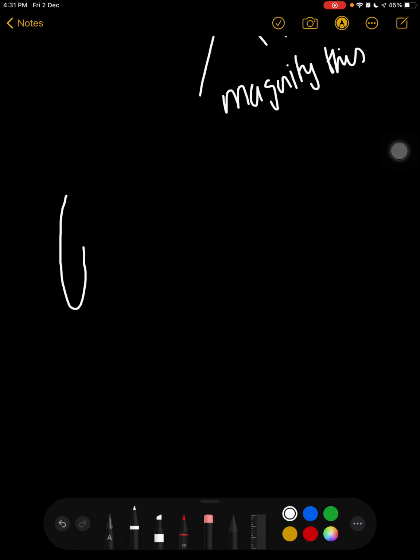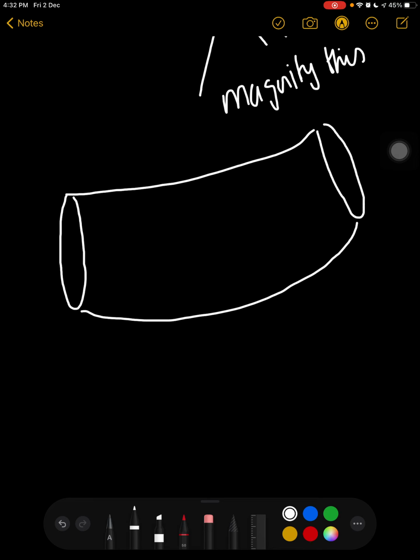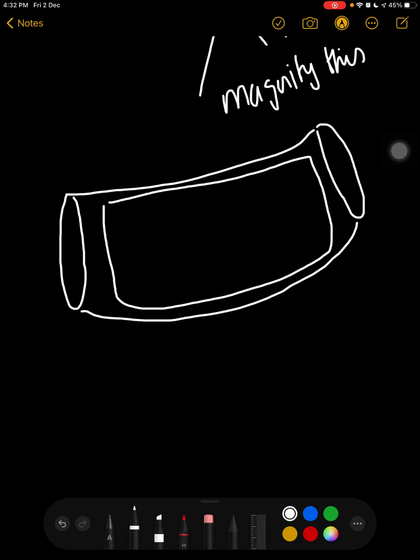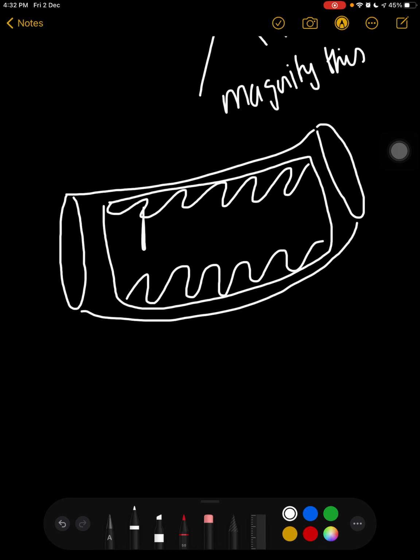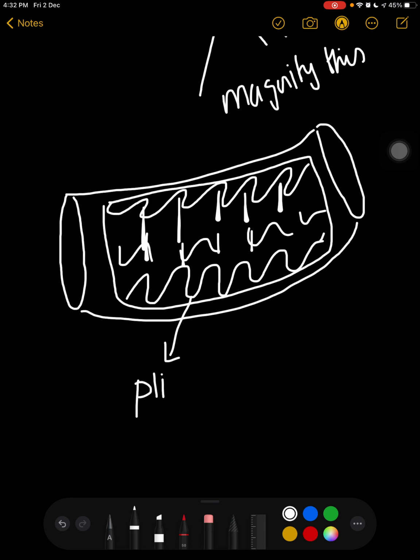So here this is basically the duodenum. In the duodenum, we have some kind of foldings which are known as plicae circulares.